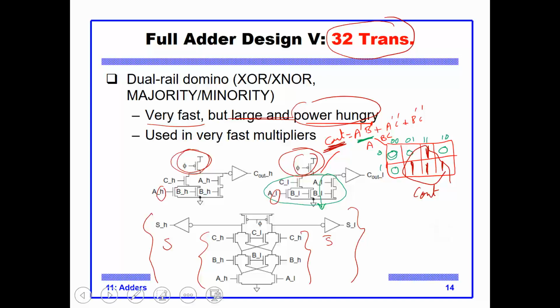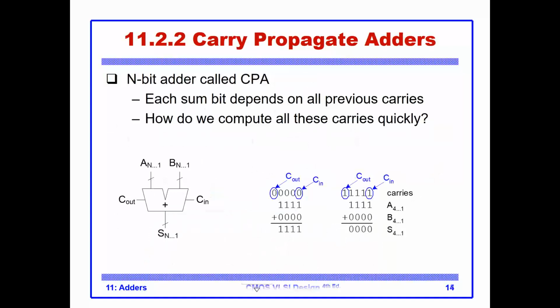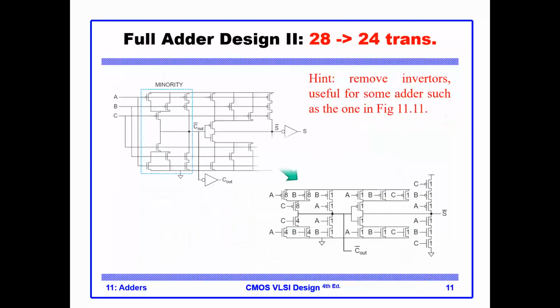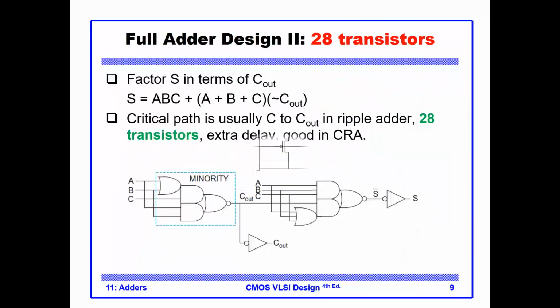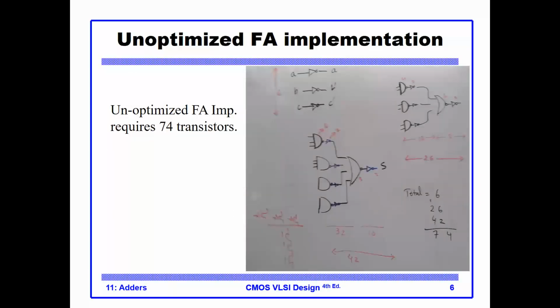All right. So to sum up, you have seen for the adder how we have progressed from a high number of transistors, when we have no optimization, 74.